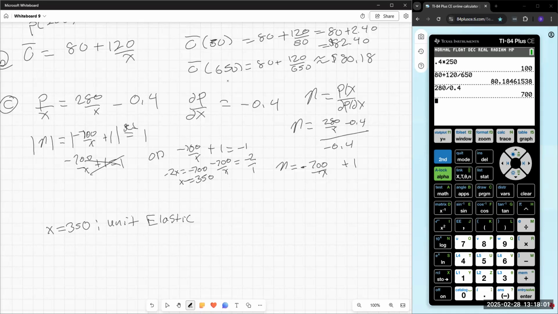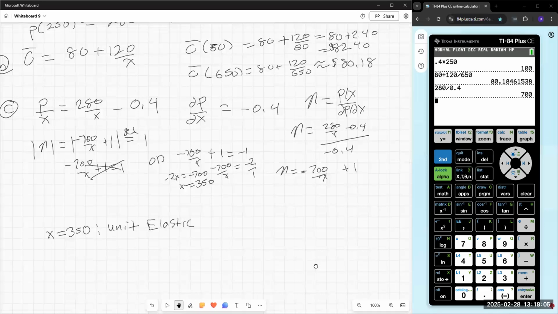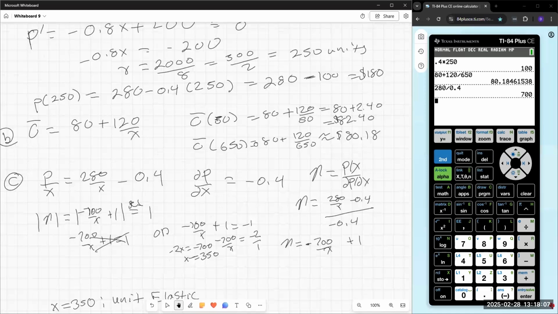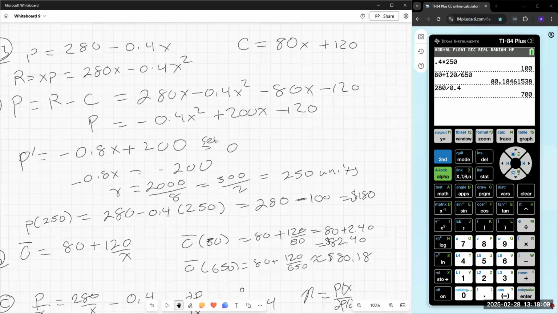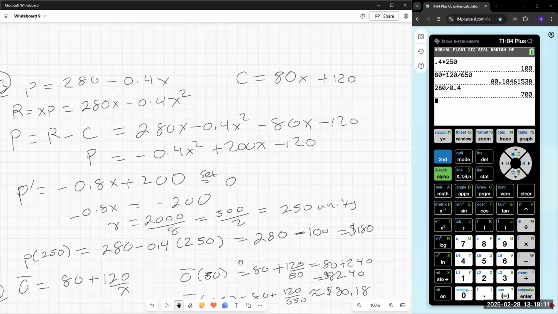And then x has to be between 0 and, I didn't figure that out, but 280 minus 0.4x equals 0. 0.4x equals 280.